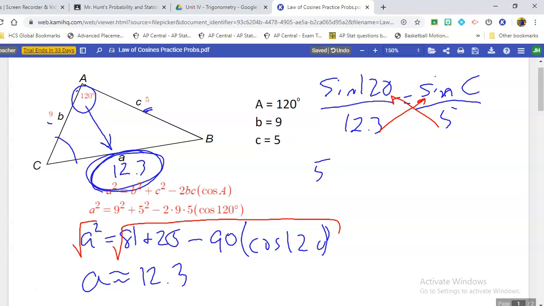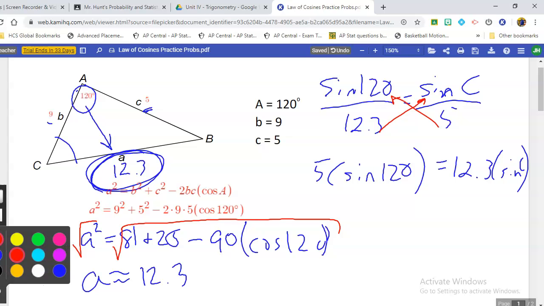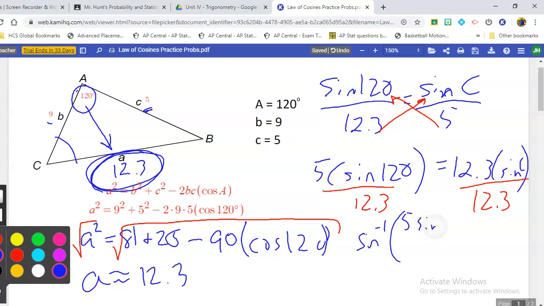So I have 5 times the sine of 120, and that's going to be equal to 12.3 times the sine of C. And at that point, we'll divide by 12.3, and we will take the arc sine of all of that, and we'll say arc sine of 5 sine of 120 divided by 12.3 is all equal to angle C.